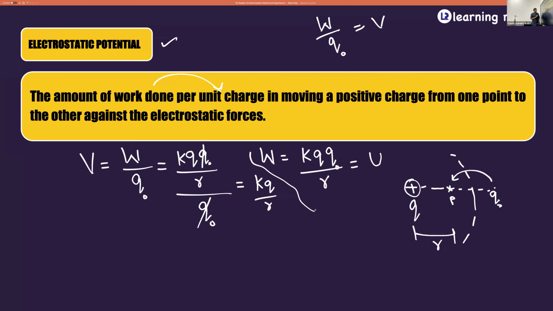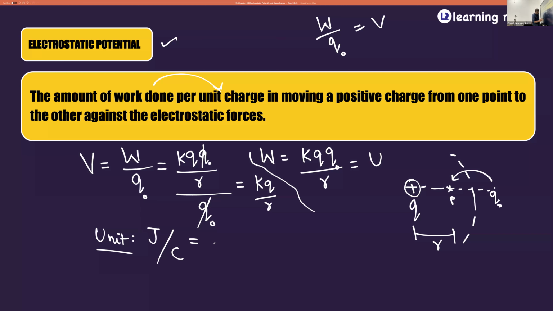What is going to be the unit of this electrostatic potential? The amount of work done is measured in joule, per coulomb.